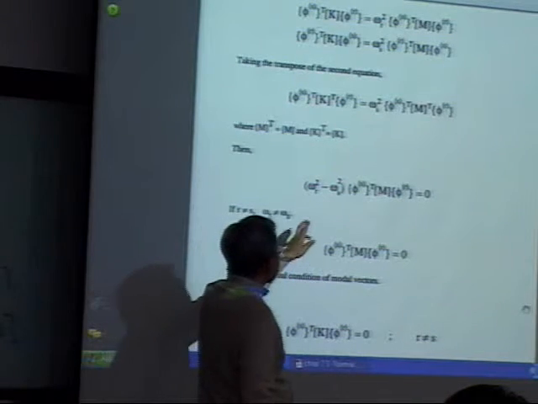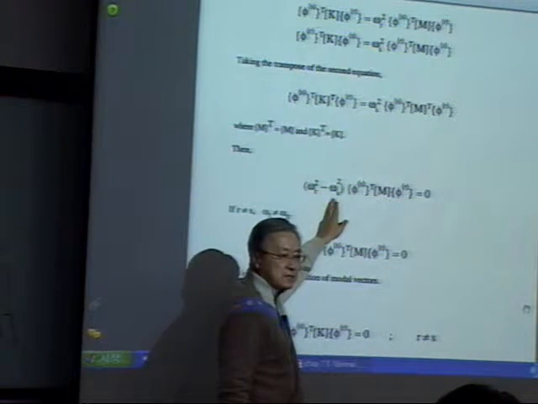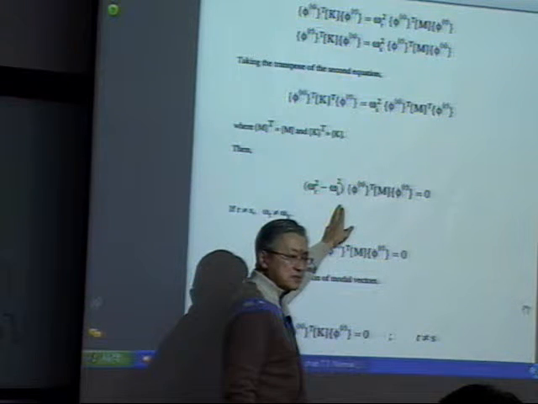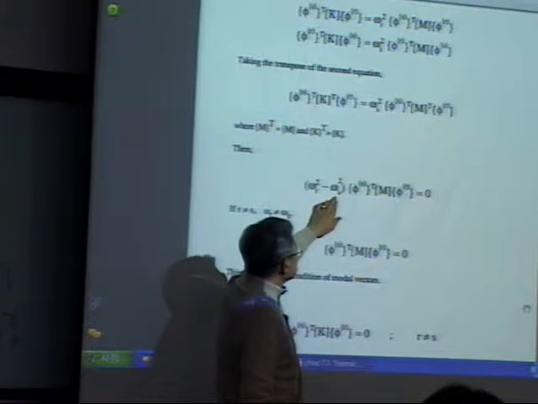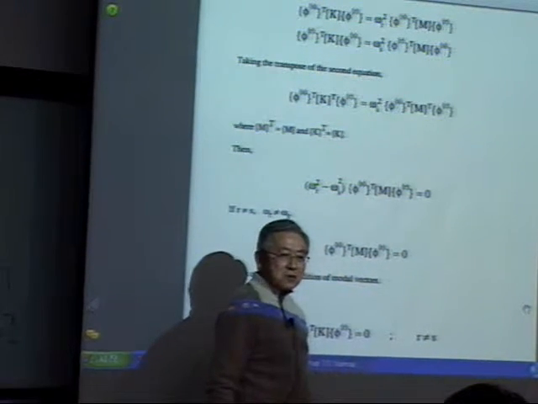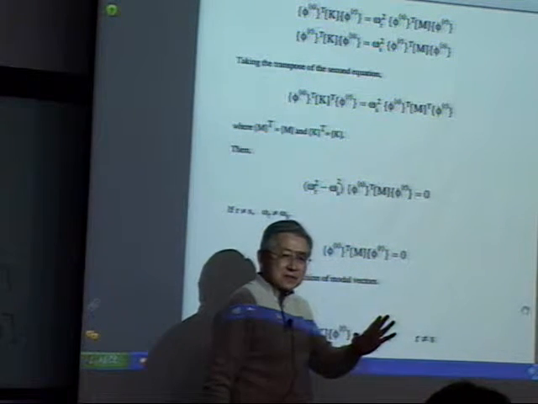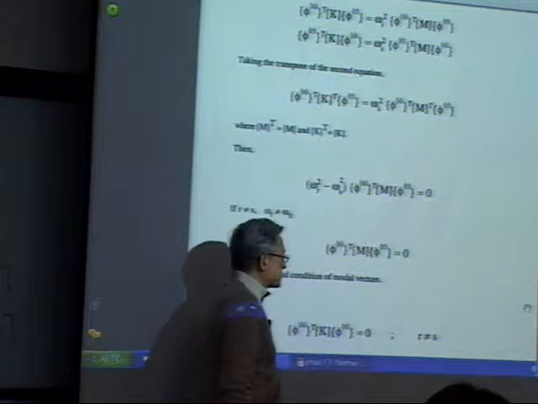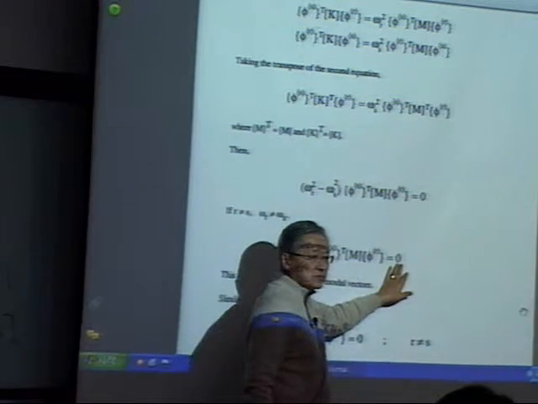So over here, omega r and omega s are not the same. These are distinctive natural frequencies. So this is not 0. Then this guy has to be equal to 0 for distinct natural frequencies and mode shapes.